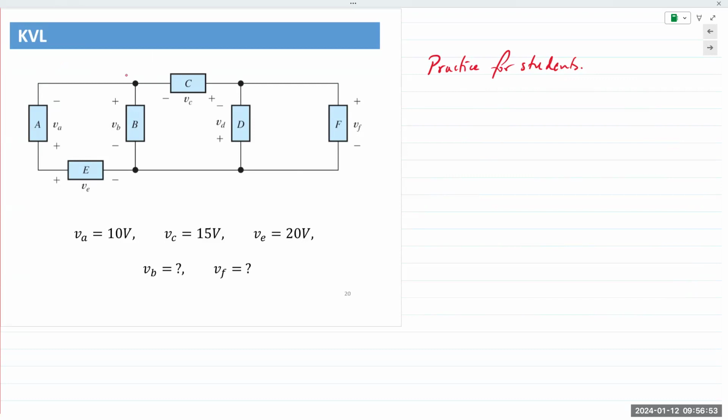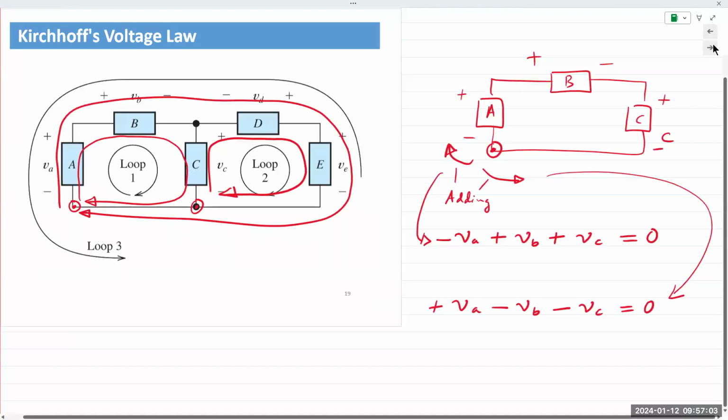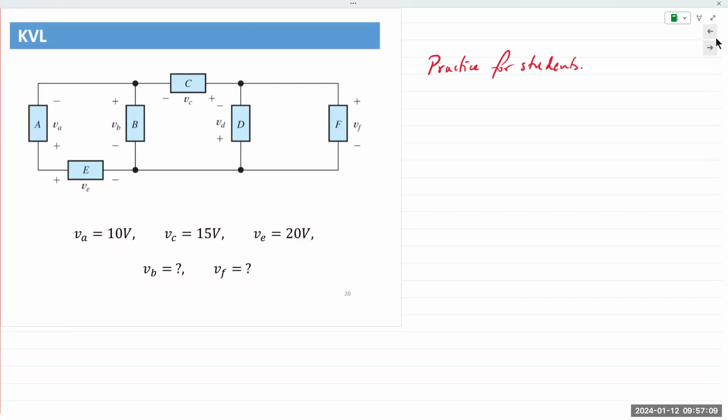Let me solve the first one on the left. How much time do we have? 9:56. So actually 2 more slides I need to do. So I'll keep it for practice for now, just in the interest of saving time and completing this chapter. If you have any questions, you let me know, right?